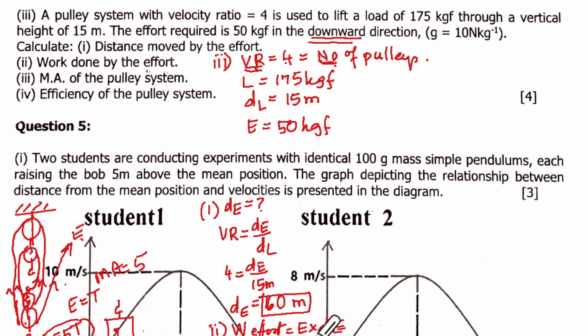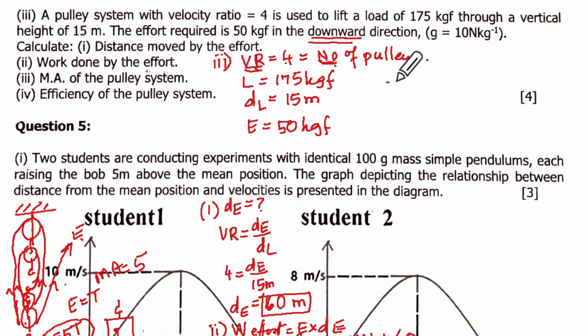So this will be 50 kgf multiplied by 10, which will be equal to 500 N, into 60. 50 into 10, that is the effort in Newton, multiplied by 60 meter.